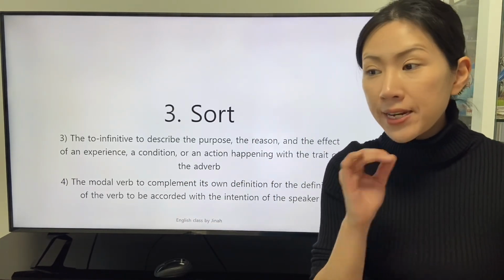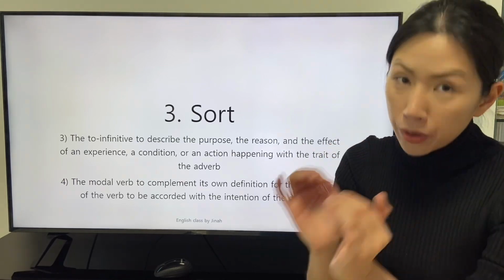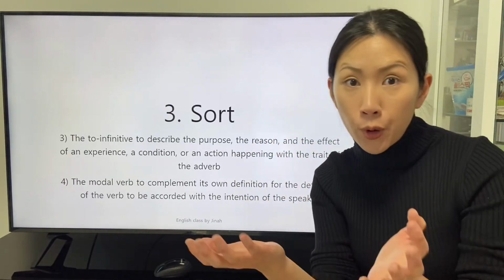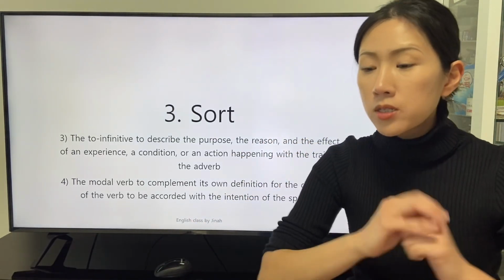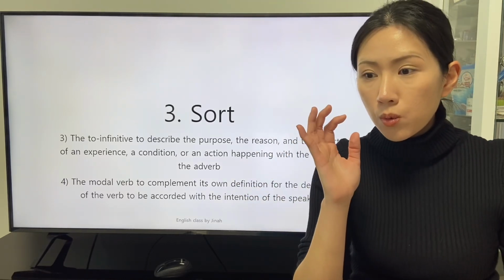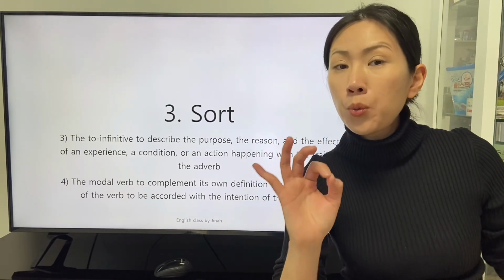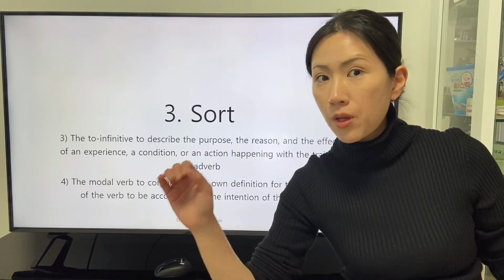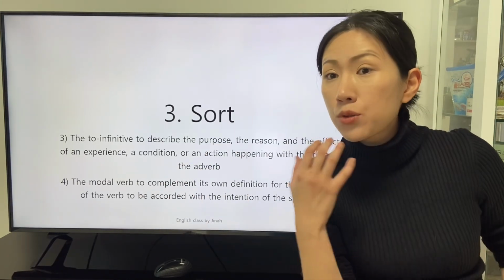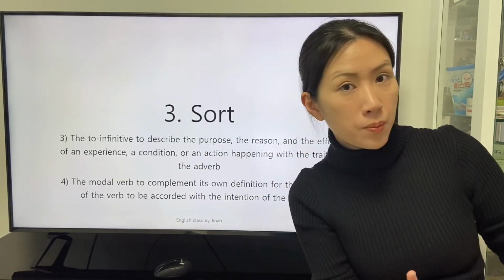The root infinitive indicates a word that has the same form of a verb, but we don't know if the word that has the same form with the verb will have the trait as a verb.